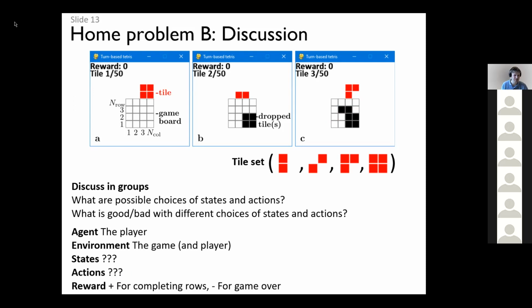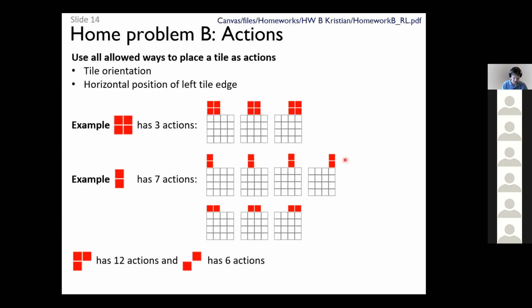left and right, as someone said in the chat. The actions are summarized here. You will have different actions for different tiles. For example, the 2x2 square only has 2 or 3 actions.